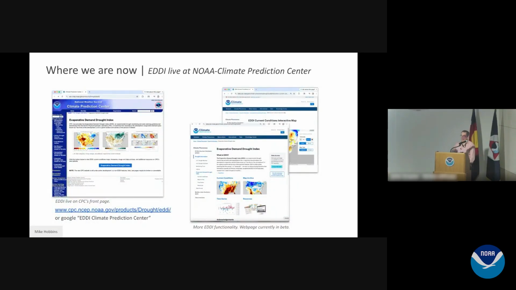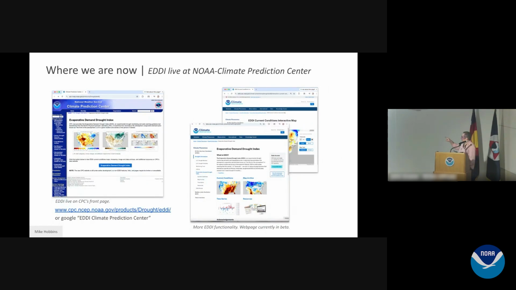So where are we now? After this transition, EDDI is live at the Climate Prediction Center. As you can see on the left-hand side, the CPC's front page showing EDDI. You can obviously Google EDDI Climate Prediction Center; it'll show up.